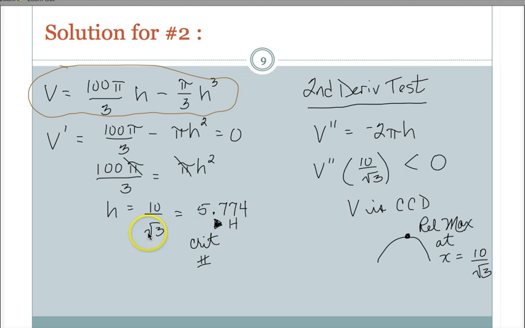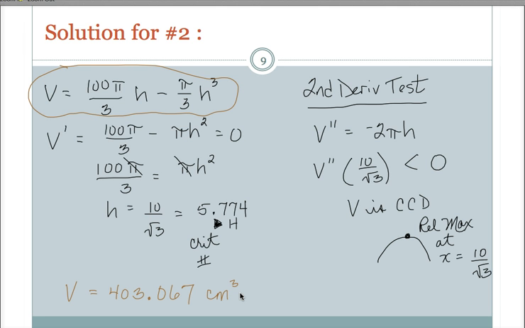All right, substitute in there either the value that you stored or the 10 over root 3. So you get that volume is about 403.067, and what were the units on it? Cubic centimeters. So that's the biggest cone you can make.